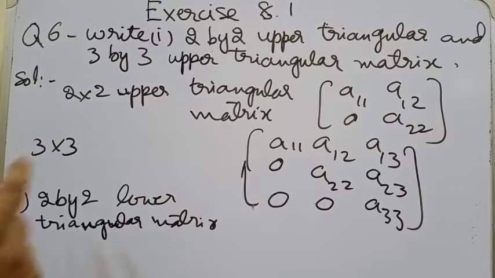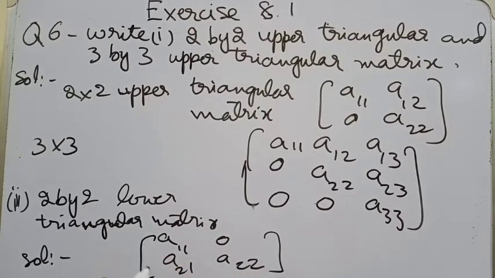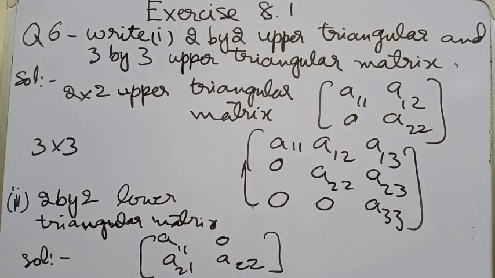First we write the 2 cross 2 lower triangular matrix: A11, 0, A21, A22. This is a lower triangular matrix.